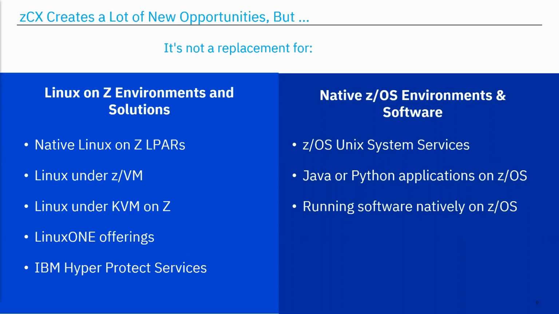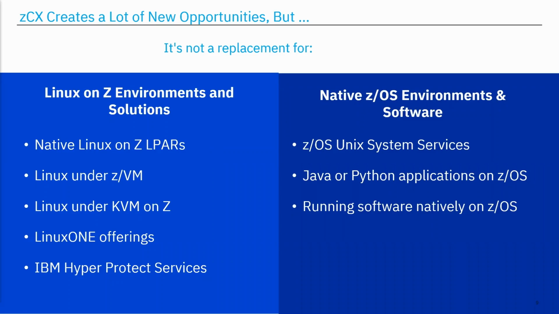But in some cases, those workloads would be better suited in a pure Linux environment, because without zOS workload interaction with your Linux environment, it may make more sense to deploy directly on Linux. So some of those environments listed on the left may apply.